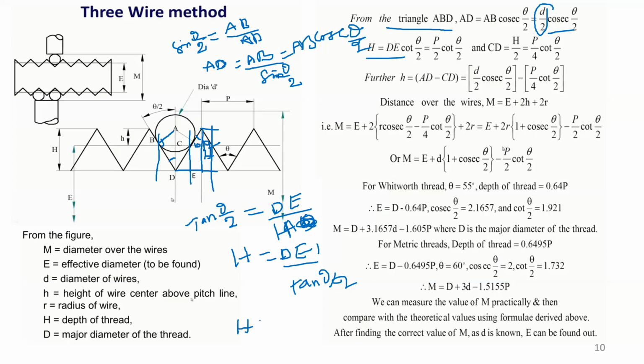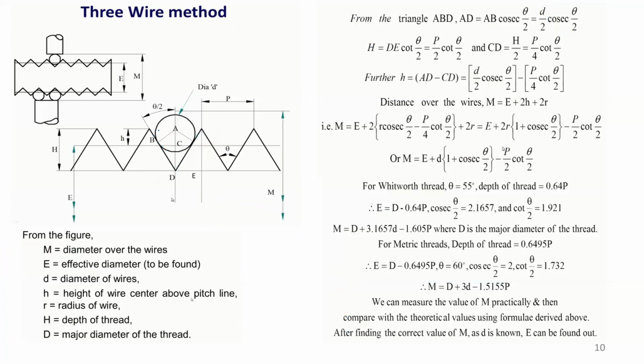H is equal to DE cot theta by 2. This groove makes the length equal to pitch by 2, and this also makes the same length.